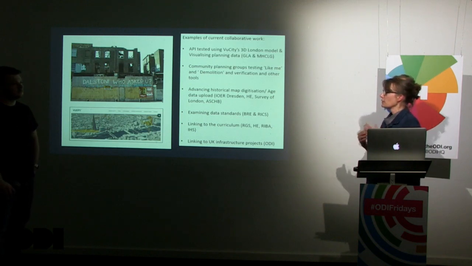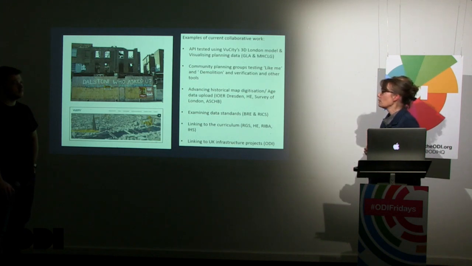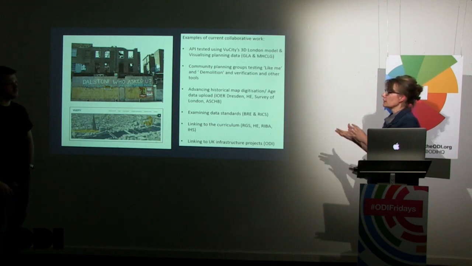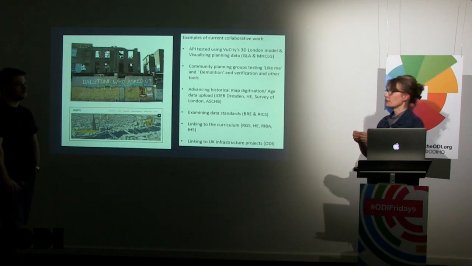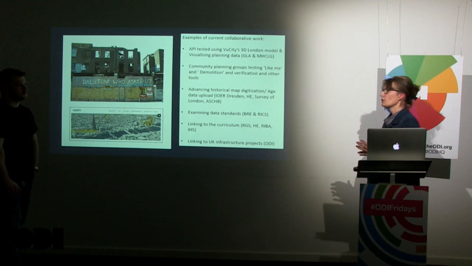So we've got user interface testing and testing specific categories, such as the Like Me section. And then we're also working with organisations, for example, the Energy Institute to look at the value of the age data, the Survey of London to look at the generation of it, and Historic England on the network. But in terms of the communication of the project, that won't happen till October on a large scale.